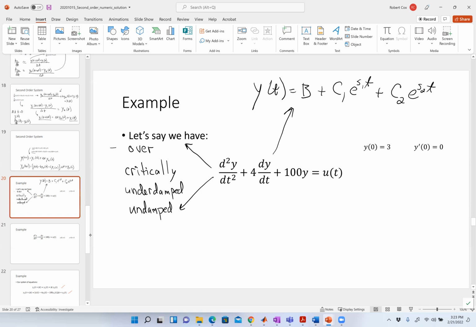What are those exponentials? They're real and they're not the same, which means that if this was a circuit and I looked at it on an oscilloscope, it would probably look first order to me. What I would see is something going like that. This is overdamped, what it looks like for the most part. It's probably a little curvier here, but it essentially looks first order.